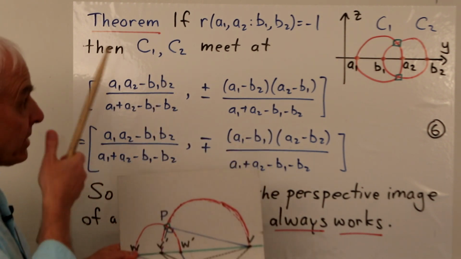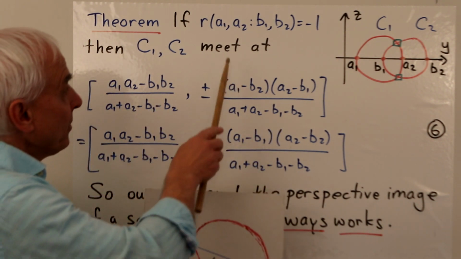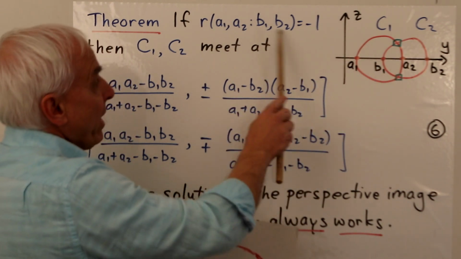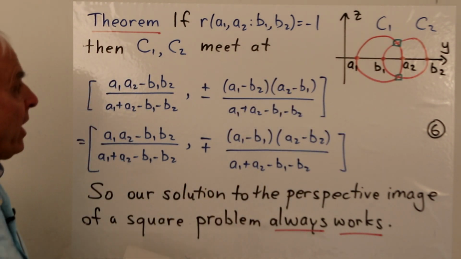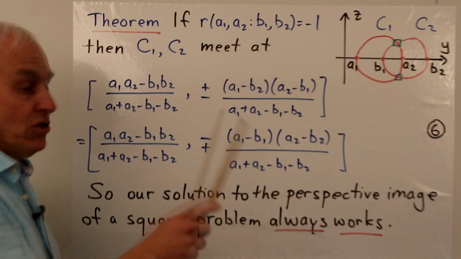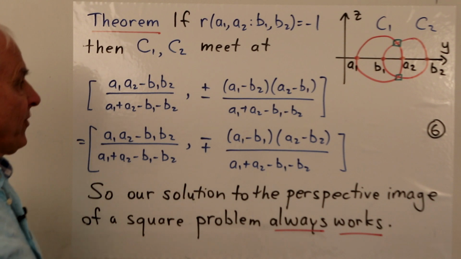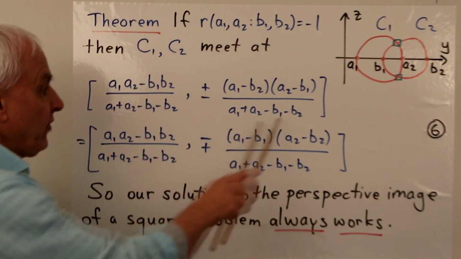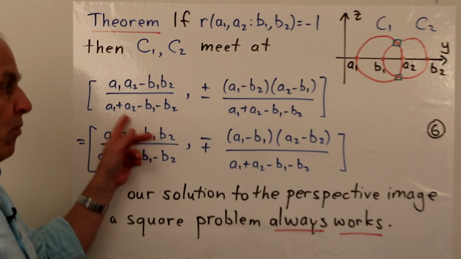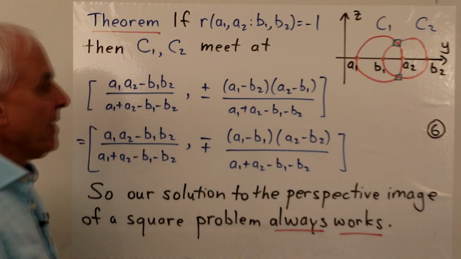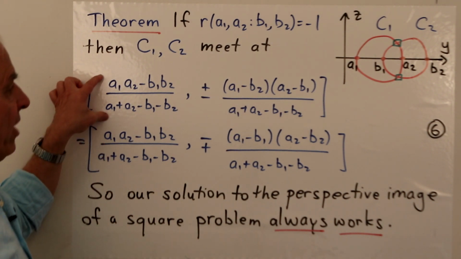So the theorem, we might say, is that if our 4 points, A1, A2, B1, and B2, form a harmonic range, then these two circles, C1 and C2, actually do meet at 2 points. And the 2 points can be described with their y-coordinate and their z-coordinates. Here's that y-coordinate that we know, because that's got to be the value that we found before.